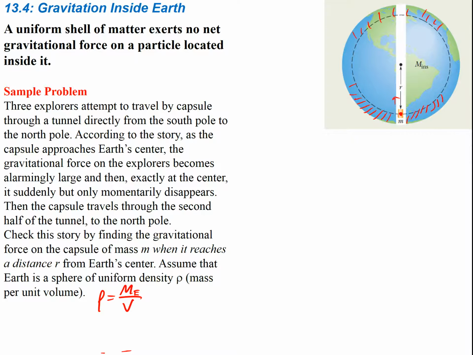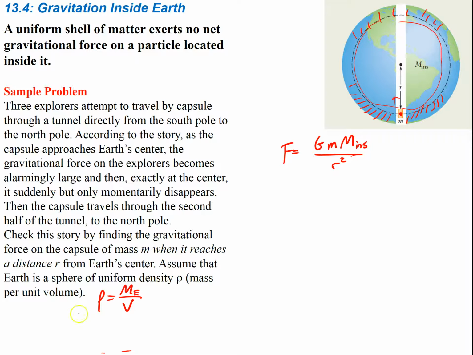Well, I can use Newton's law of gravitation to think about this. So we can say that the force is going to be equal to G little m, which is the mass of the capsule and the people, times big M, which is the mass of the inside of the Earth. So it's only the mass that is actually inside of the sphere that they're on. We're not worried about any of the mass that's on the outside. And this is, of course, divided by r squared wherever they happen to be.